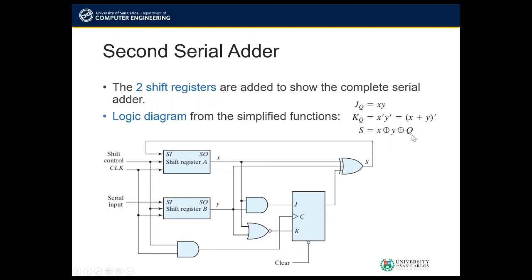Using the simplified functions, we can come up with the J input, the K input, and the sum output. The sum is connected back to the serial input, while we are still clock gating the shift control and clock signals so that we can control the clock pulses sent to the JK flip-flop.